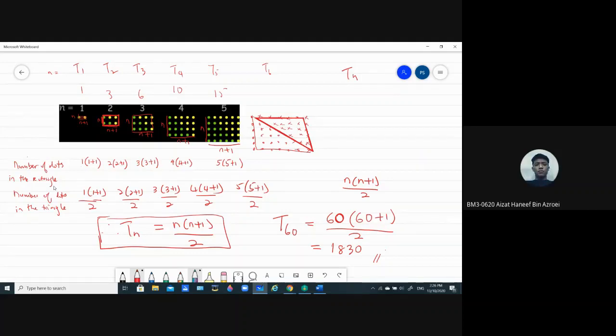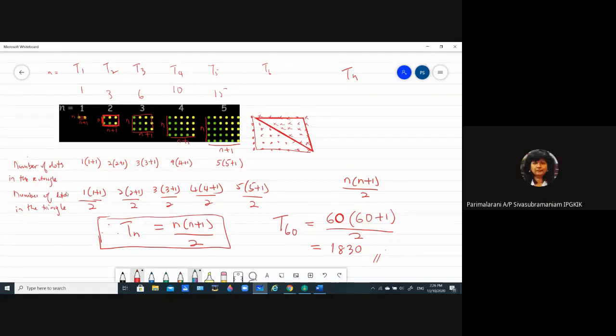T3. Yes, T3. And what does it mean? 15 dots? Six T3, that means how many dots on one side?